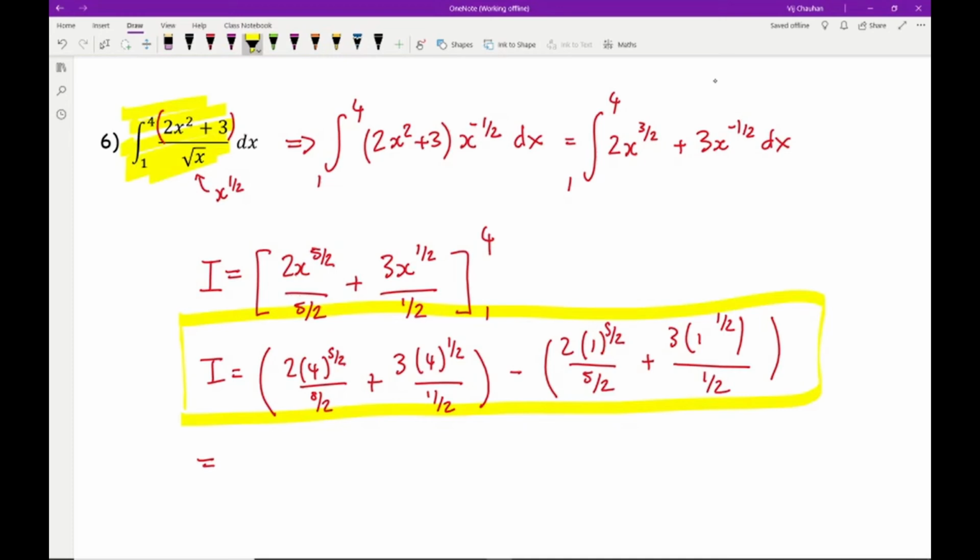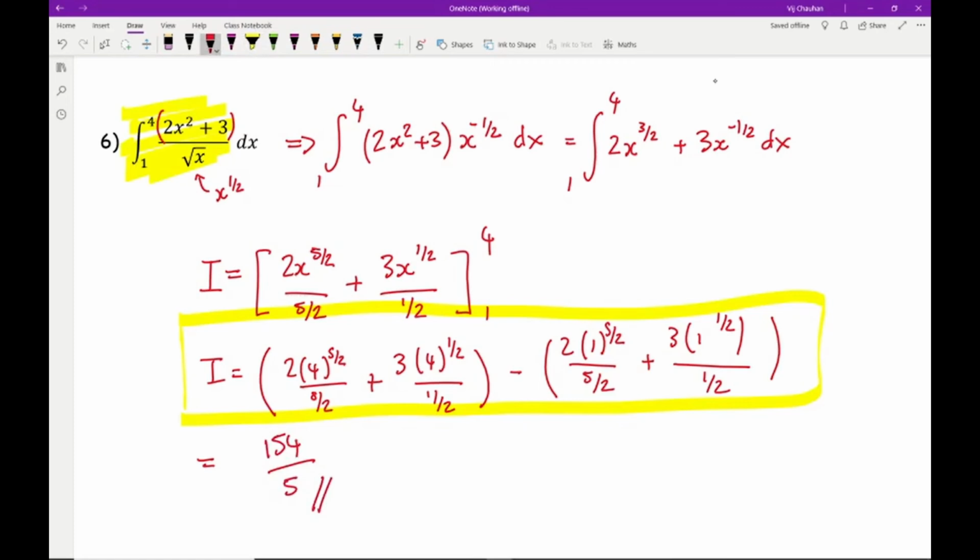But I've written down all the steps that the mark scheme would be requiring me to do, so that should be absolutely fine. And if I press equals, I should have the final answer of 154 over 5.